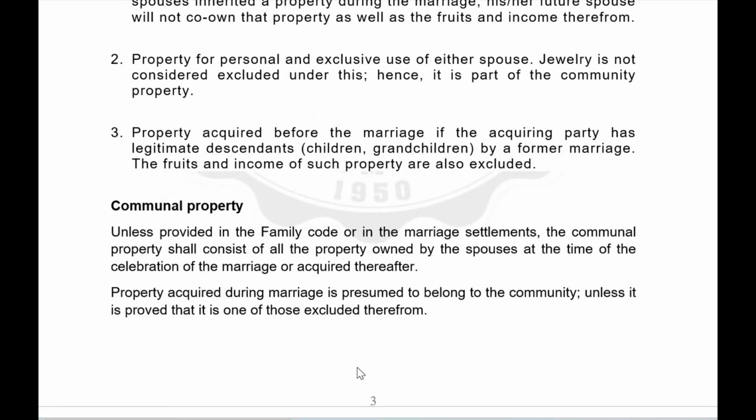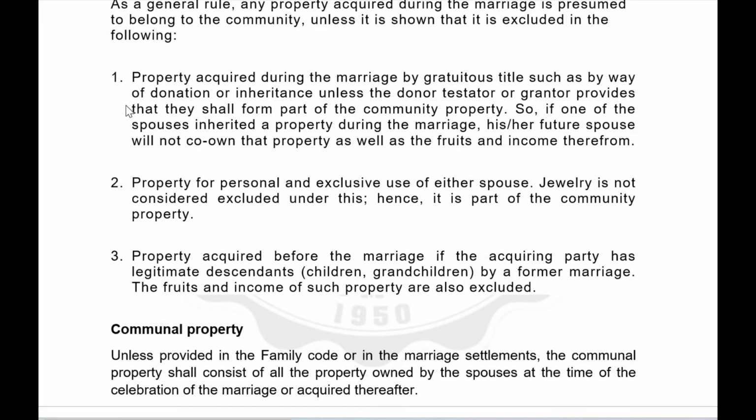Okay, so yung property, no, under absolute community, all property owned before marriage and acquired during marriage shall form part of the community property unless, no, part sa exclusive property, no, which is naka-enumerate naman dito. Okay? Yan siya.